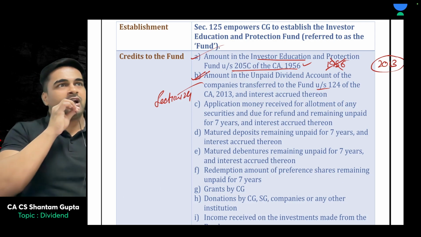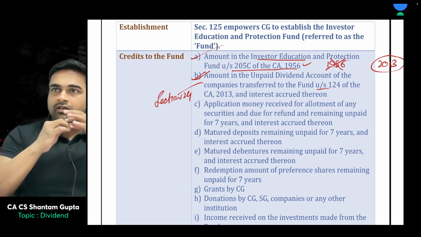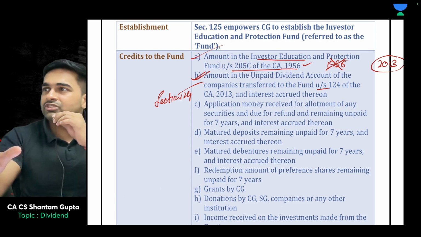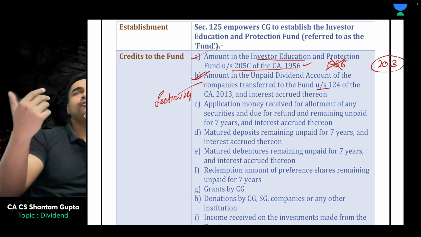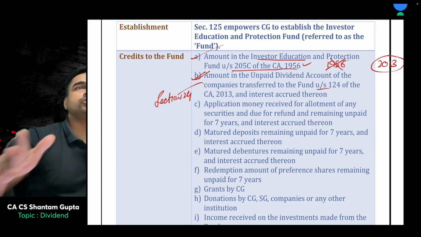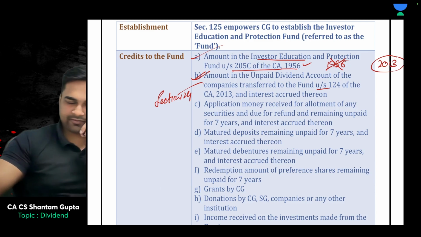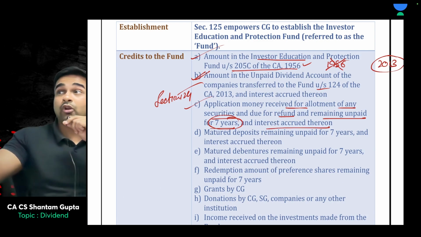Allotment failed, I refunded the money. There are 11 shareholders who have not taken the money. They have not reclaimed the money. It is there in the account itself. We will wait for 7 years. After 7 years, that amount is transferred to IEPF: application money received for allotment of any security due for refund remaining unpaid for 7 years along with interest.